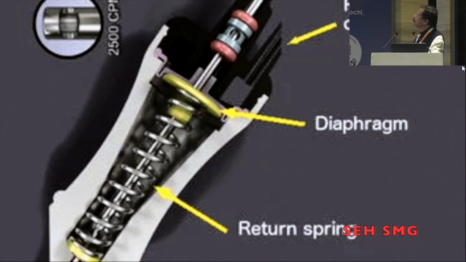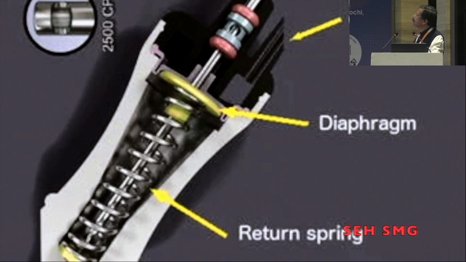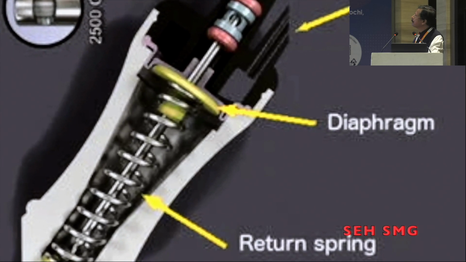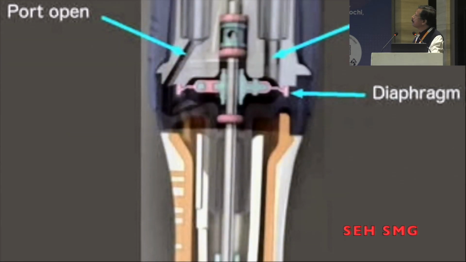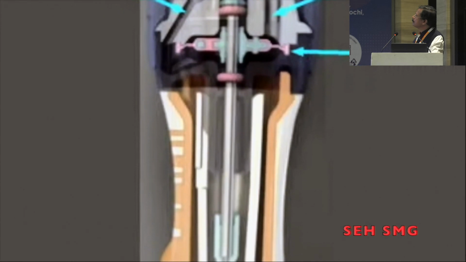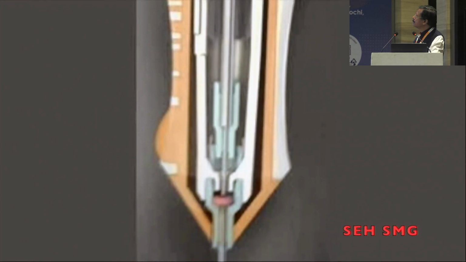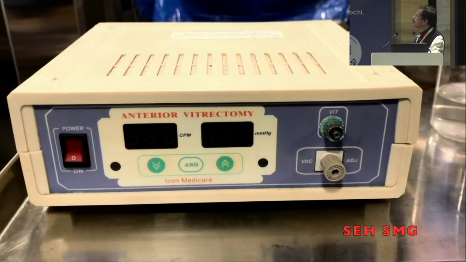When you see inside, there is a spring which will be moved with the help of air pulse, and the blade will move to and fro. There are modifications of these cutters also, where there is no spring, but there is the air pulse for the forward movement and backward movement of the cutter.